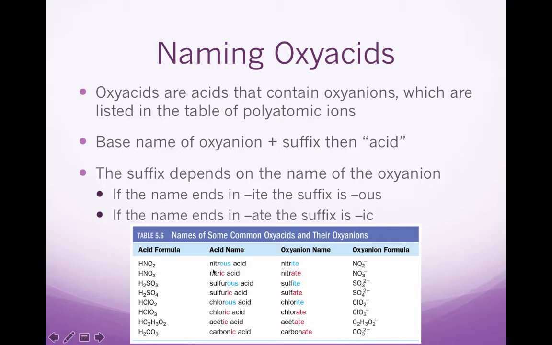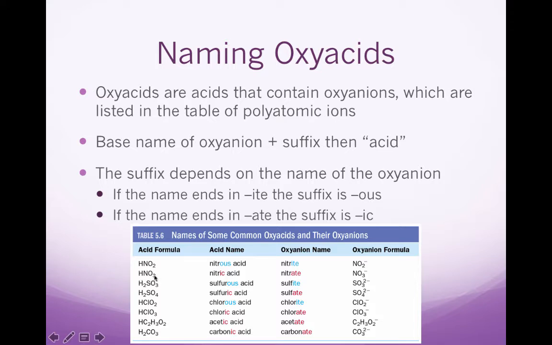So you can see here, if we have nitrite, the polyatomic ion is nitrite. So since it has the suffix "ite," we change it to us, and we get nitrous acid. Here, the polyatomic ion is nitrate.